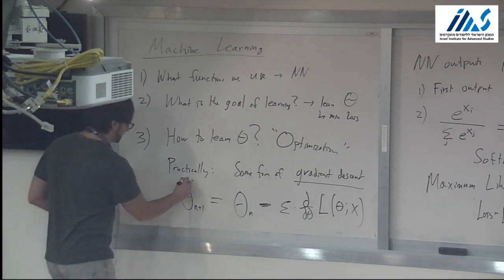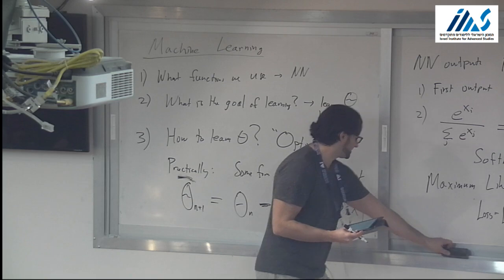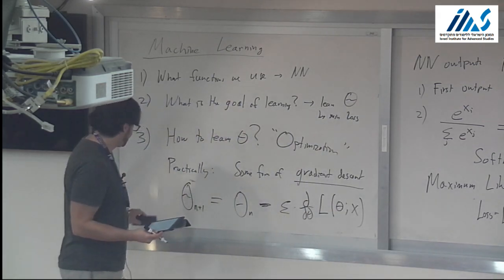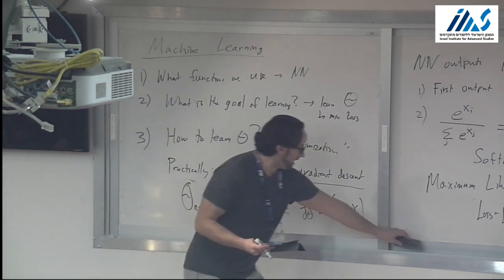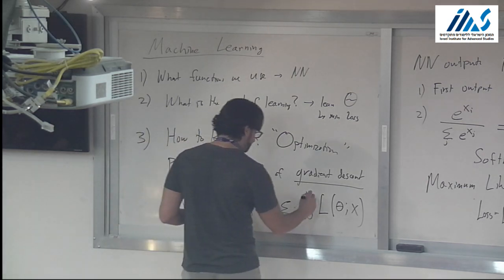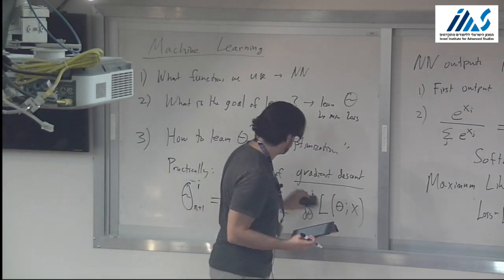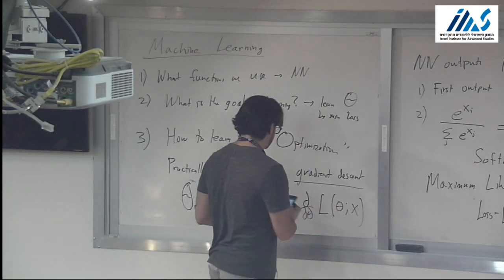These are all vectors, or, to be more of a physicist and in some ways clearer, there's some theta i, and this is the derivative d/d theta i.